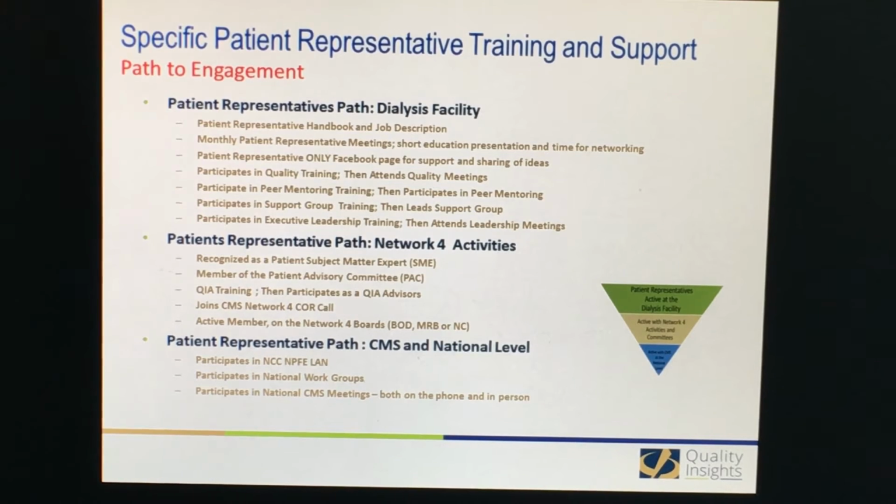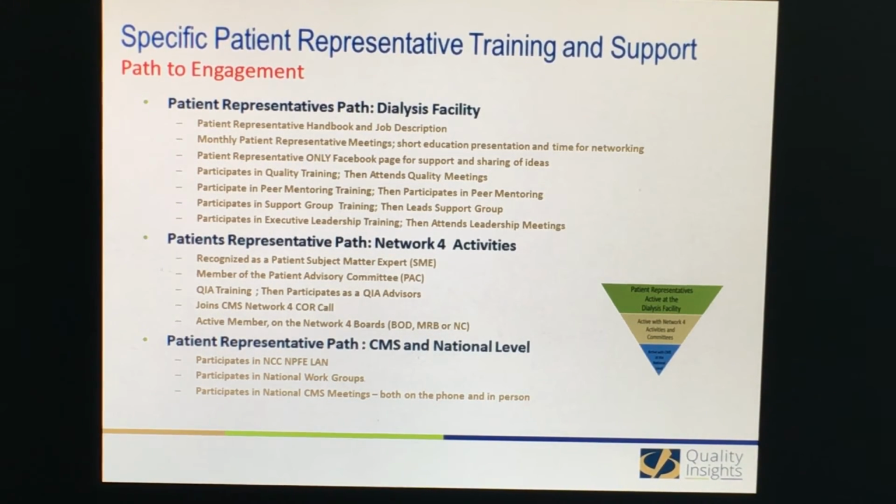So as you can see, there is a lot of activities that a patient representative can get involved in. And even with all of this activity, some of these patients who are active at the network level want more. So they are invited to meet up with other patient representatives from across the country and participate in national patient and family engagement learning and action activities.